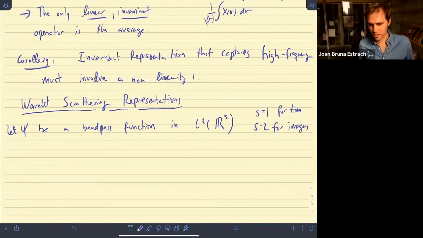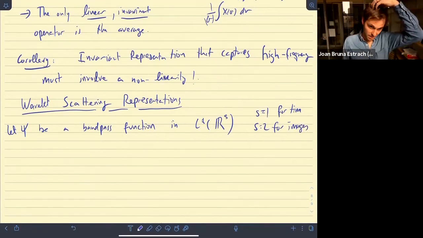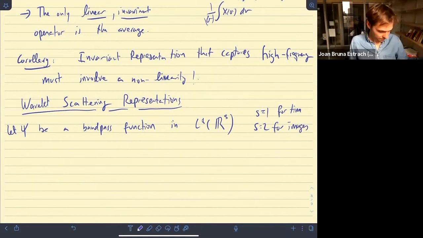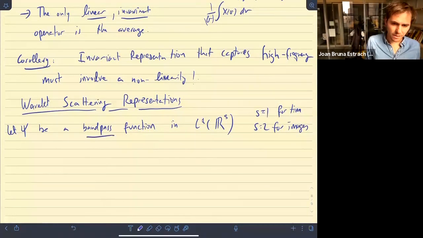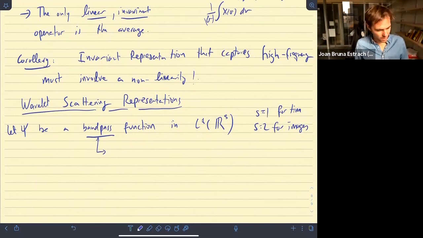I'm just focusing on these two cases; the rest of the argument doesn't change too much. What I mean by bandpass here is that this little thing needs to oscillate, and we can formalize this by saying there's at least one vanishing moment.